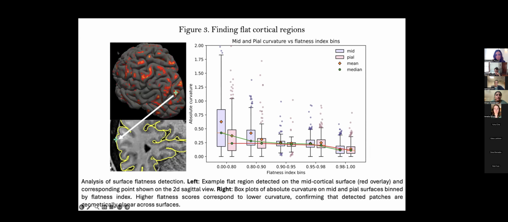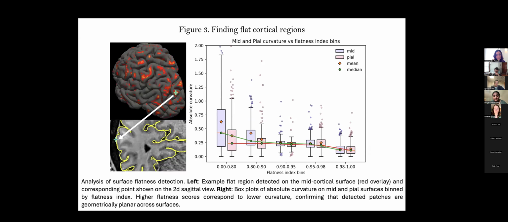So we calculated the flat region by looking at surface normals and correlations with the neighbors. And you can just threshold, and you start seeing all these clusters of flat regions in your cortex, which would be good places to place your slice.